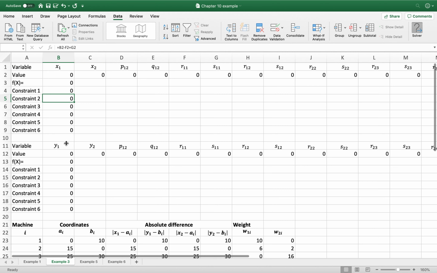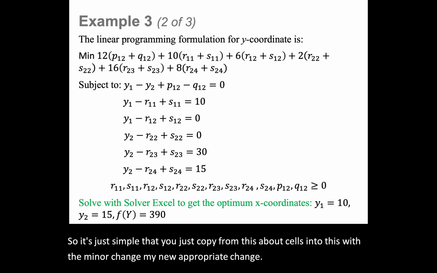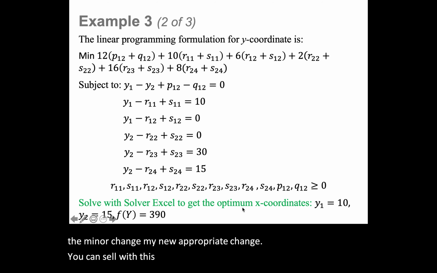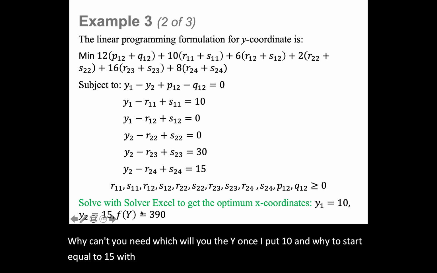It's simple: you just copy from the cells above with minor appropriate changes. Then you can solve with the Solver to get the optimum y coordinates, which yield y1 star equal to 10 and y2 star equal to 15, with the optimum value of fy at 390.